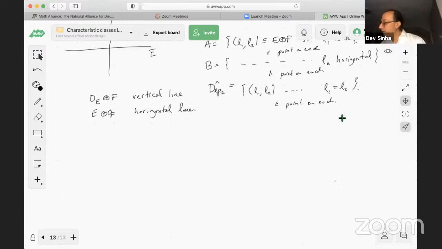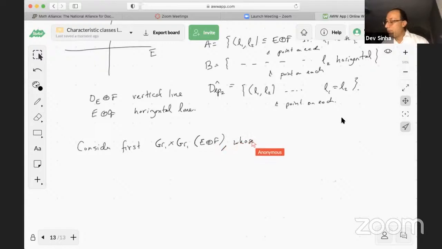So let's consider, we're going to argue at the level, consider first GR1 cross GR1 of E plus F. It's a bundle over M, whose fiber over some fixed point M is going to be a torus.